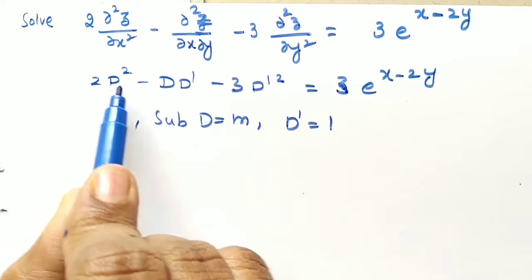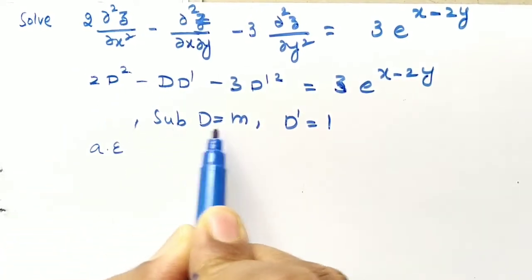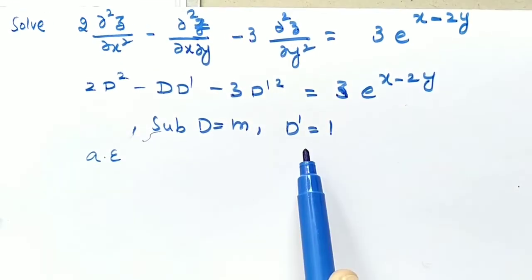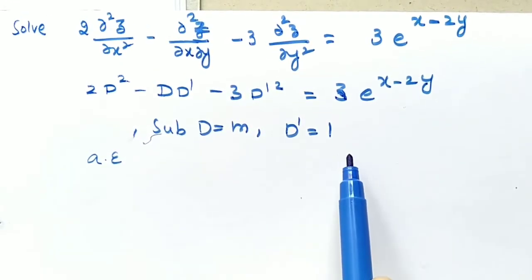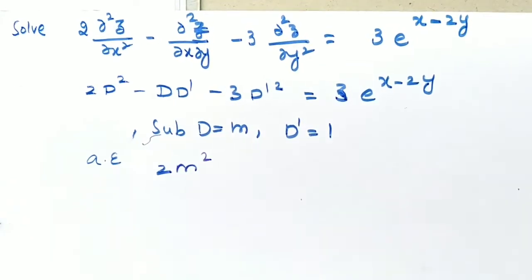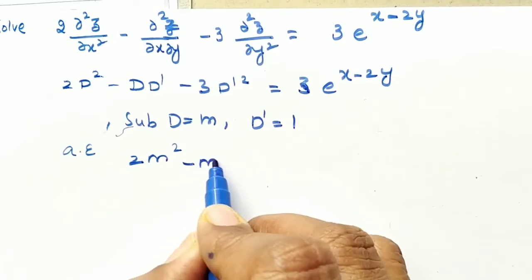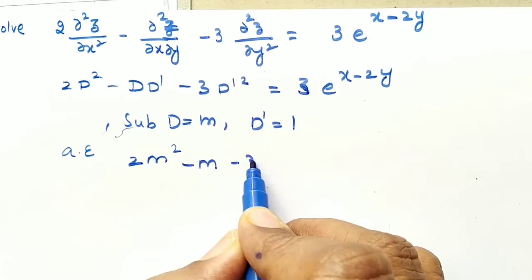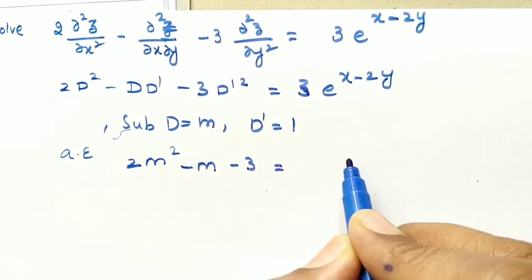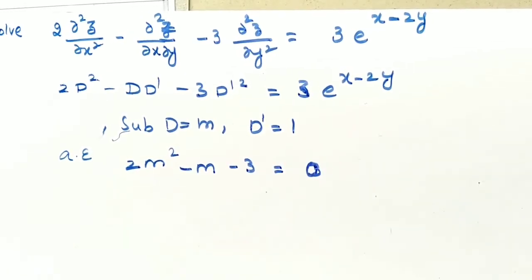First of all, if you write it in the standard form, you will get this. For the auxiliary equation, you substitute D equal to m, D dash equal to 1. So the auxiliary equation is 2m square minus m minus 3 equal to 0.